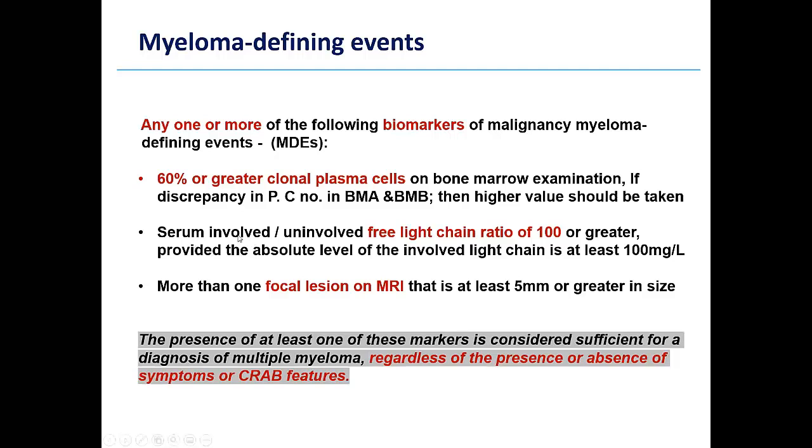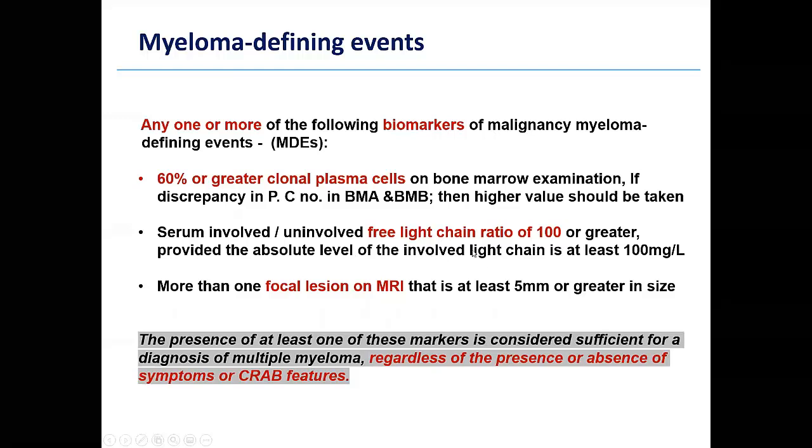So serum involved, that means kappa, upon uninvolved, that is lambda. So the amount of involved free light chain assay upon uninvolved should be more than 100. Say here it is 500 milligram, here it is 4 milligram only. So 500 divided by 4, it is 125. It is greater than 100.